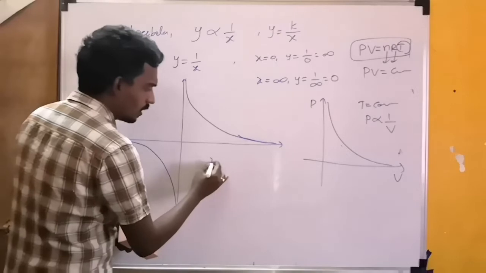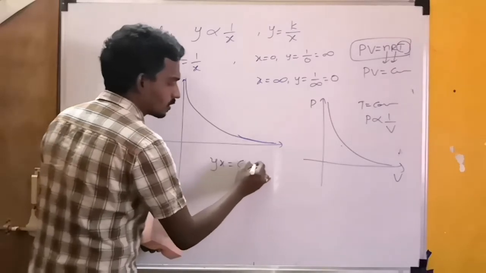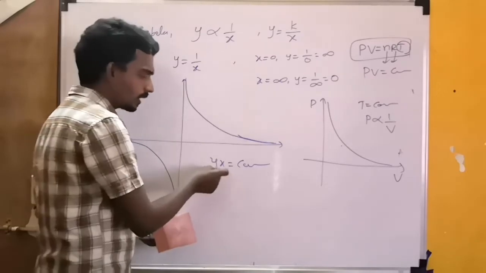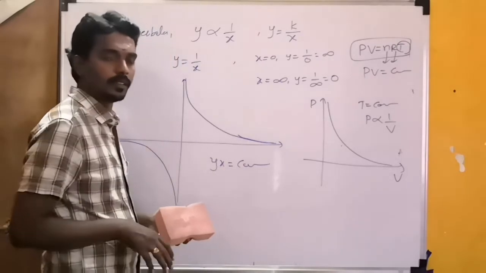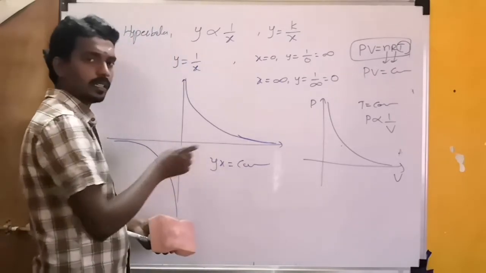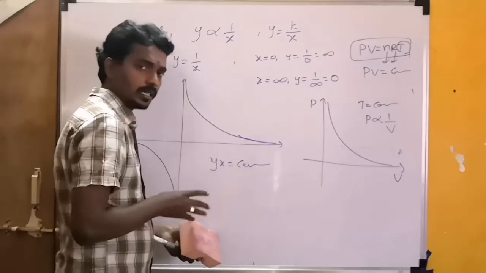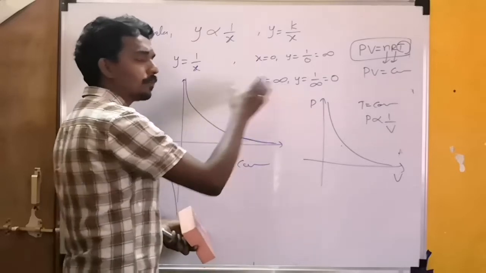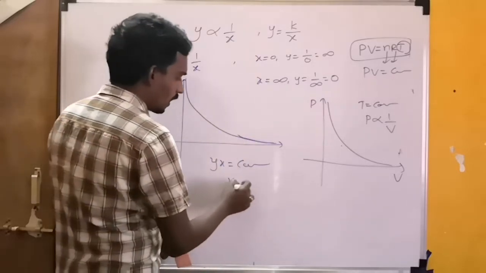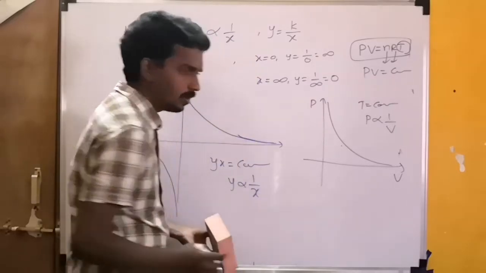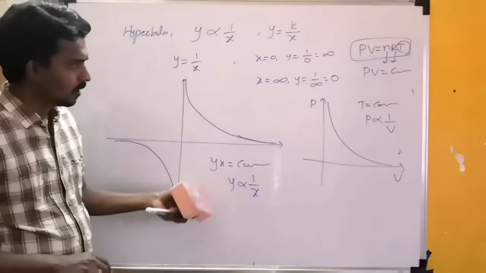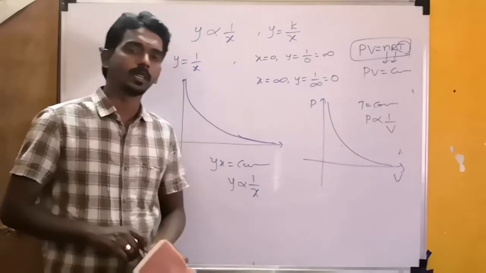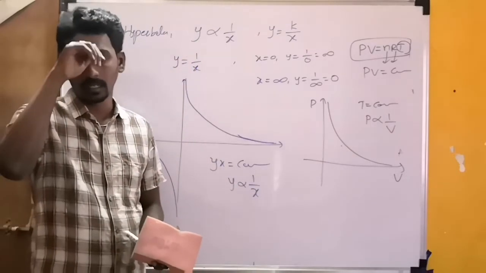So whenever y into x is constant, the product of the y quantity and x quantity is constant, then the graphical representation must be a hyperbola, where y is inversely proportional to x. Same way here, the pressure versus volume graph comes, right?